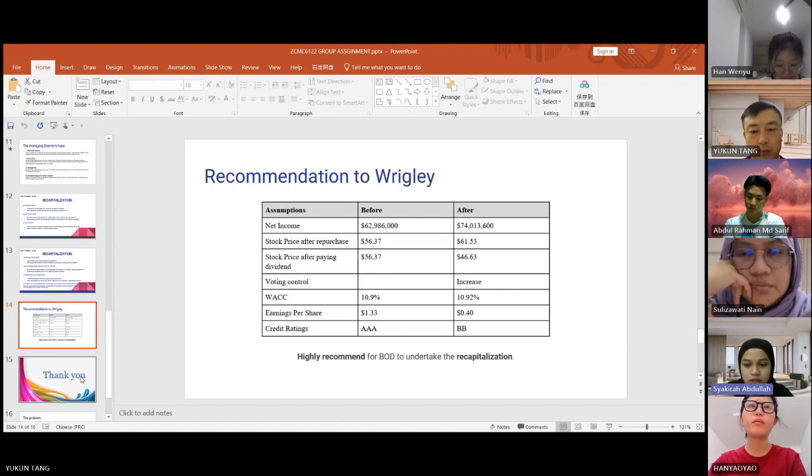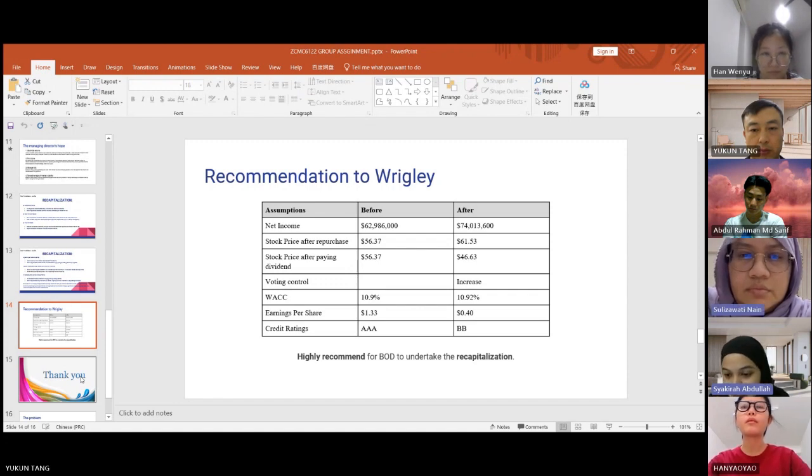A share repurchase will cause the company's stock price to increase from $56.37 to $61.53, thus creating value for shareholders, while paying a dividend will cause the stock price to decrease to $46.63.